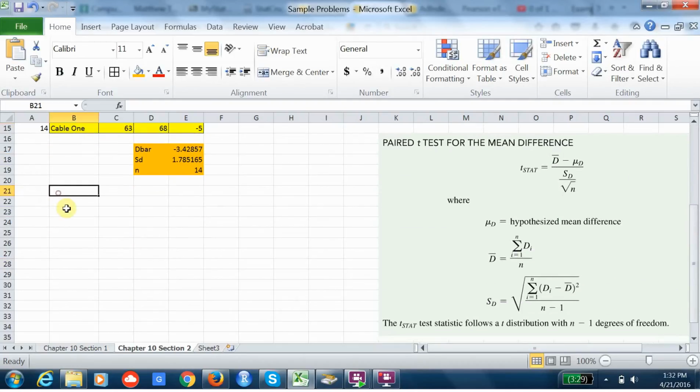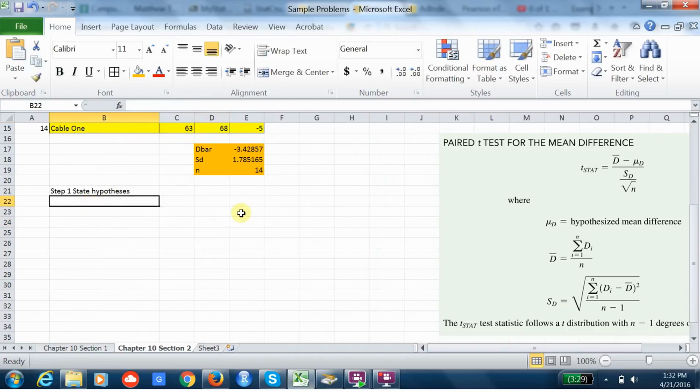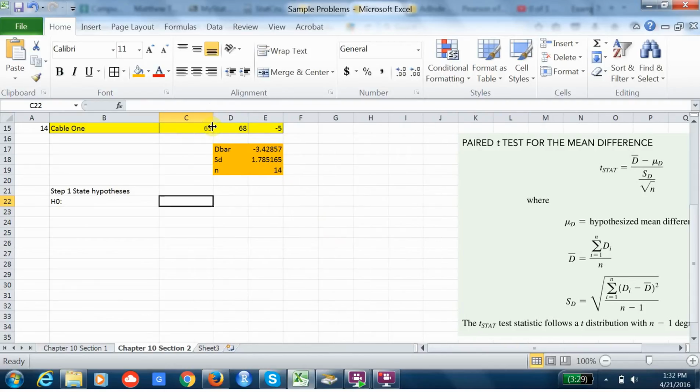Okay, so step 1. State your hypotheses. Okay. So we know that H0 is going to be that mu D is equal to 0.